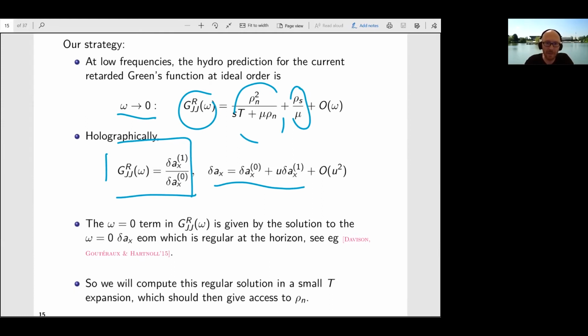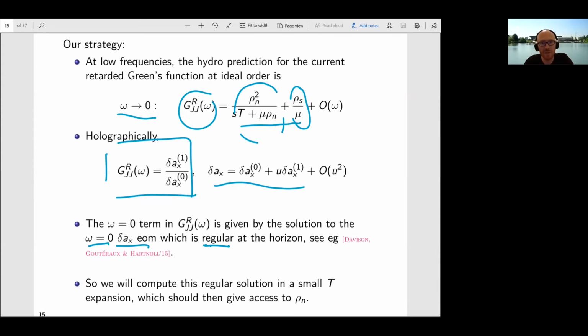Now, it's also well known that this omega equals 0 term in the retarded Green's function is given by the solution to the omega equals 0 limit of the delta A_x equation of motion, which is the regular one at the horizon. Remember, every time we're solving second order differential equations in the presence of a black hole horizon, there are always two kinds of solutions, one of them which blows up at the horizon, that's the singular solution, and another one which is regular at the horizon.